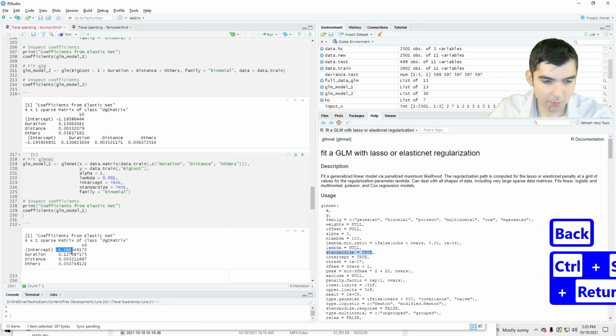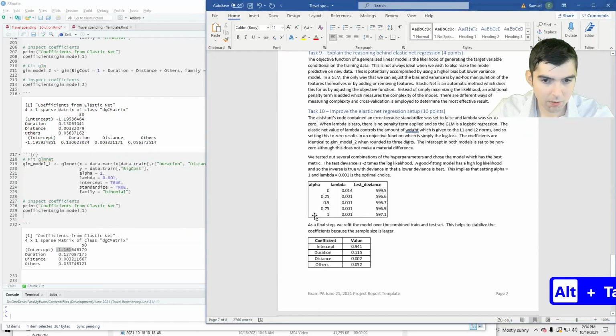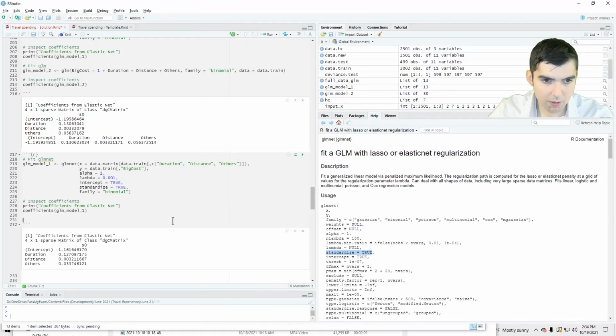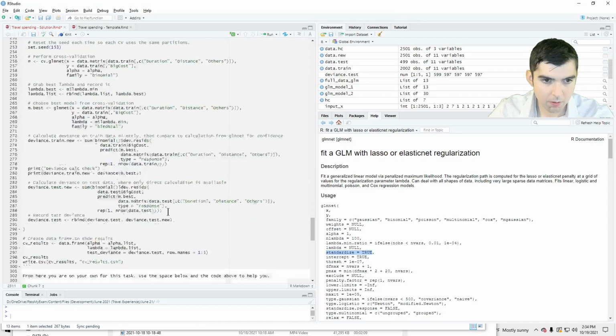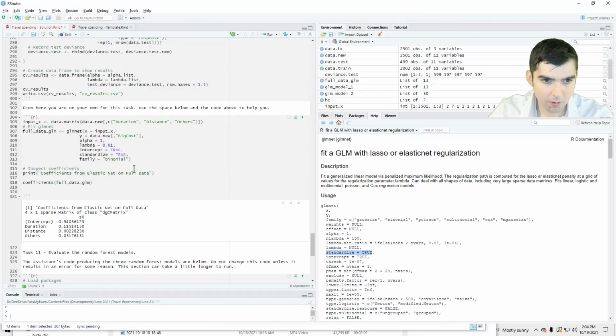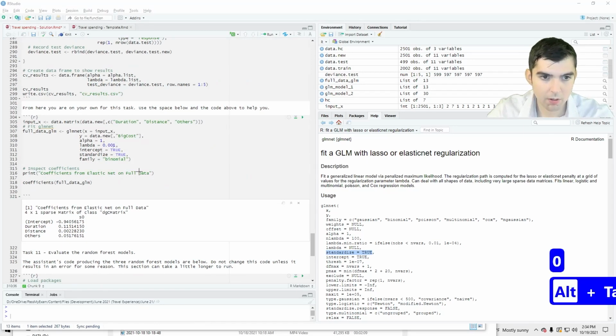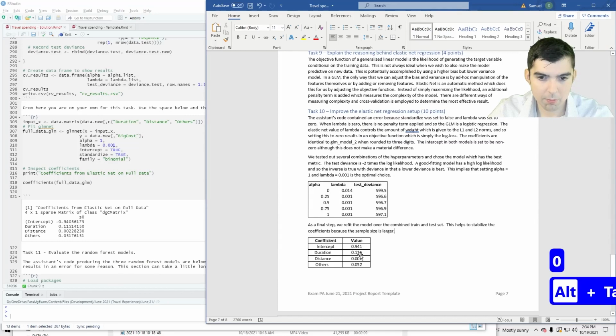See negative 1.16. It's very different than this, which is a positive intercept. Duration, distance, and others. So that's a problem. Oh, it's because my lambda is too large. Lambda should be 0.01.